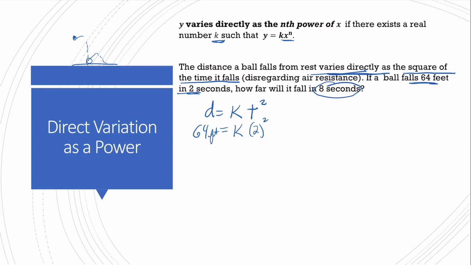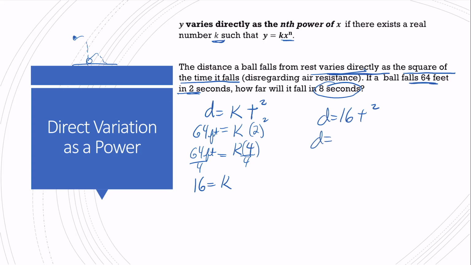So I need to figure out what my k is. I've got 64 feet equals k times 4, because 2 squared is 4. If I divide both sides by 4, I get 16 is my constant of variation. So I have that distance equals 16 times my time squared, my time in seconds squared.